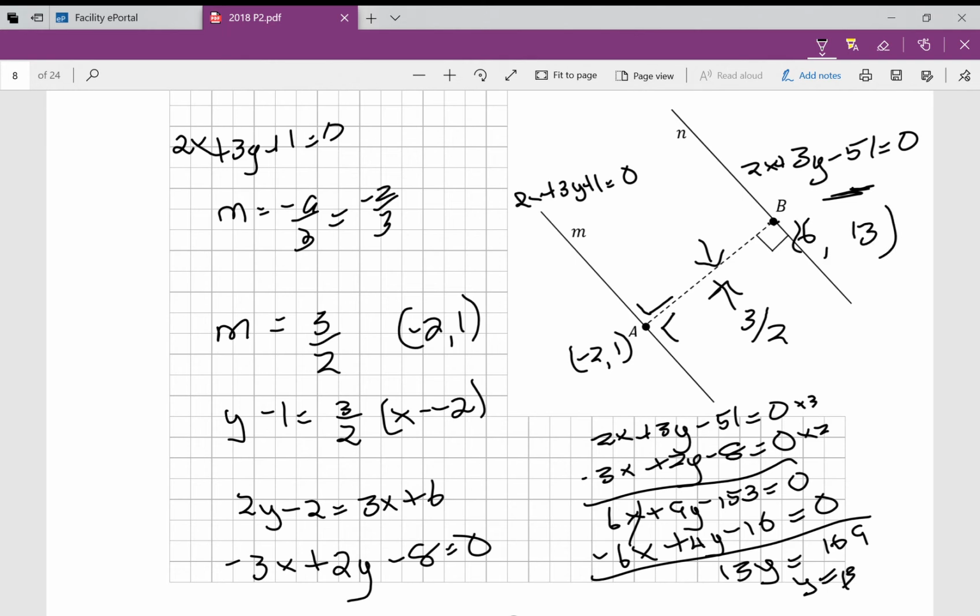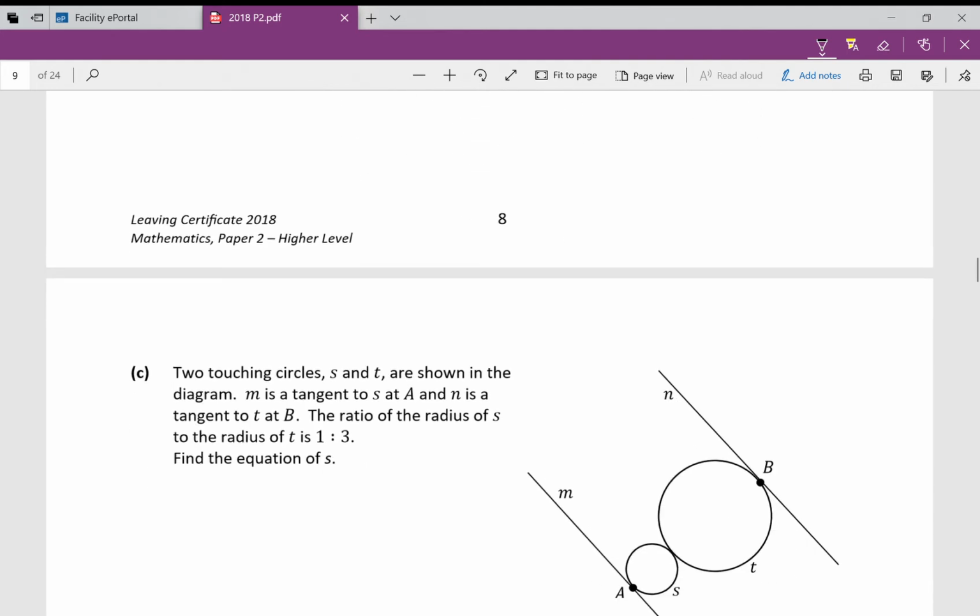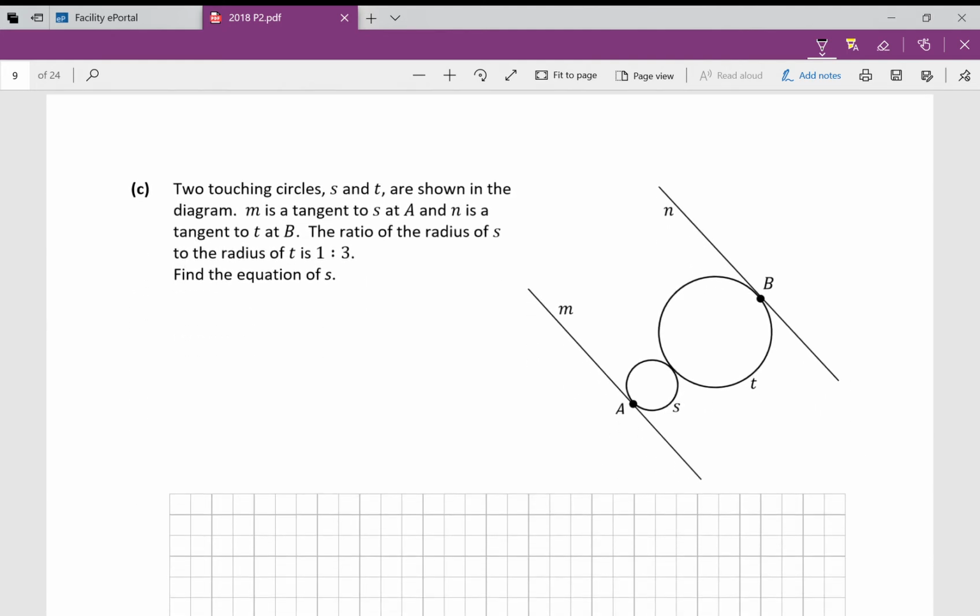Okay? And then in the next part, part C, two touching circles. So we still have this is minus 2, 1, and this is 6, 13, just figured it out. It says the radii are in the proportion 1:3.